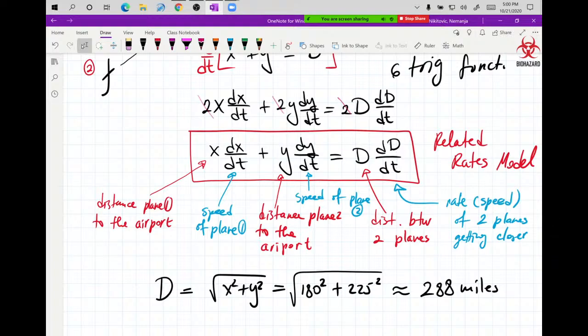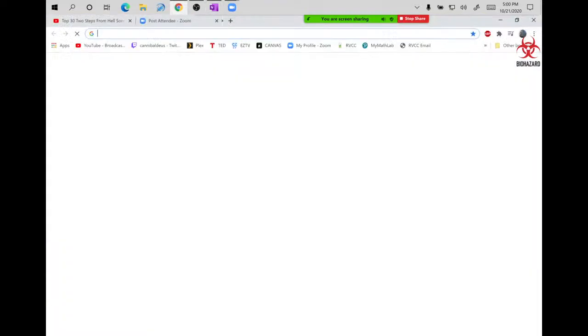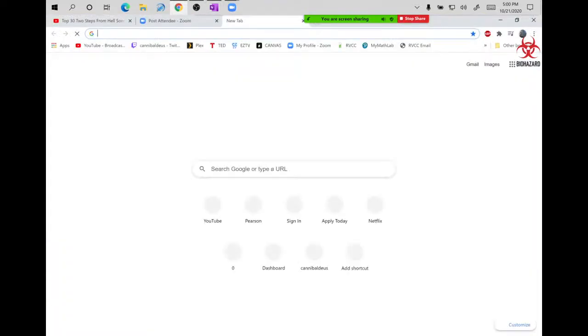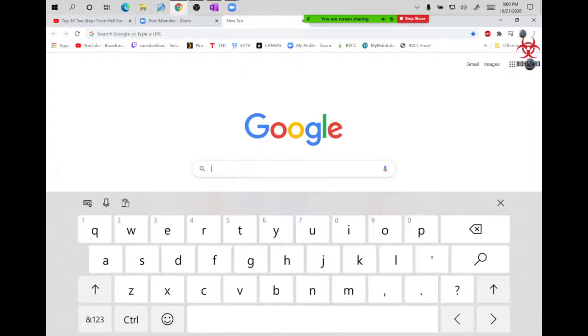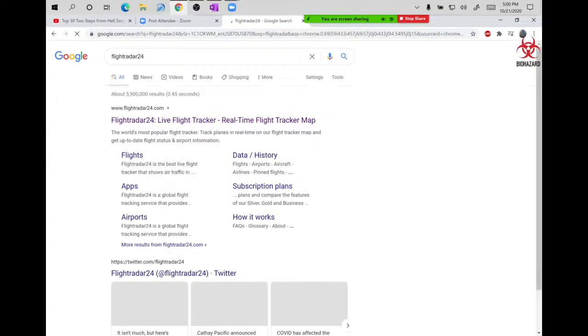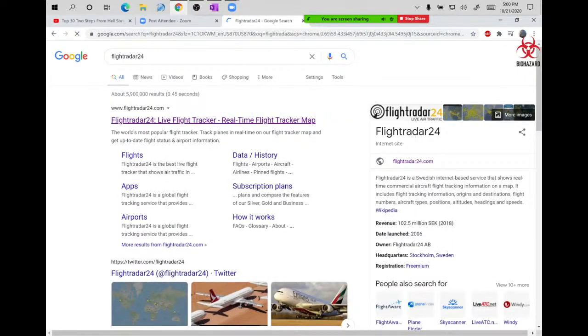And I love this part because we get to go to one of my favorite websites. It's called Flight Radar 24. And this website is, Zoom people can't see it.